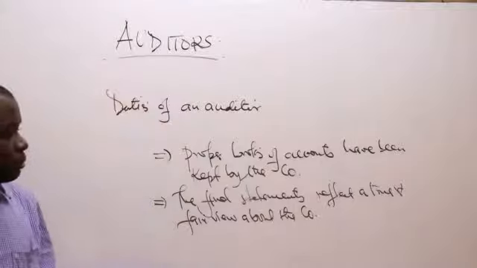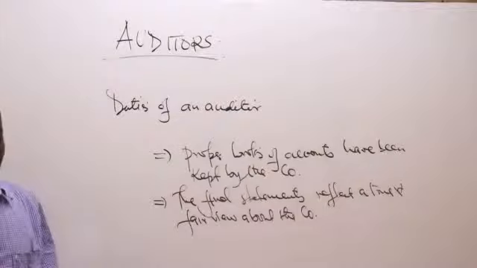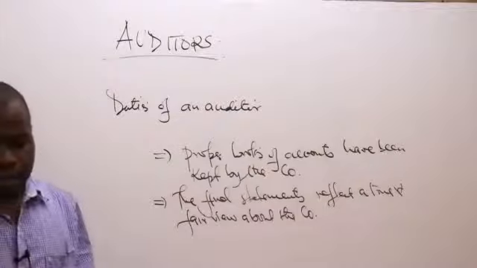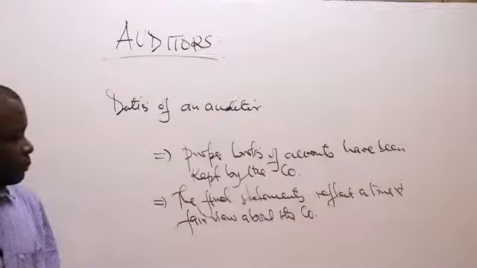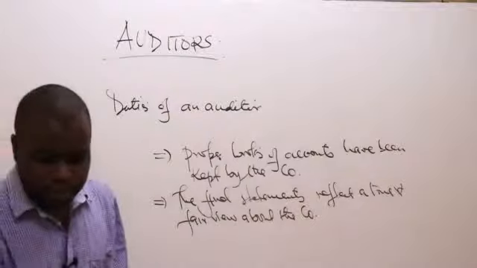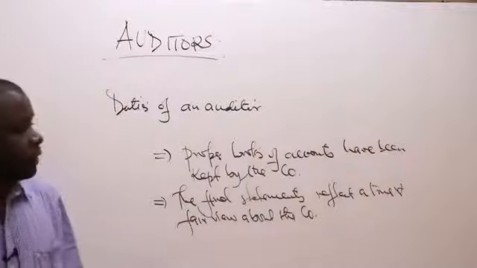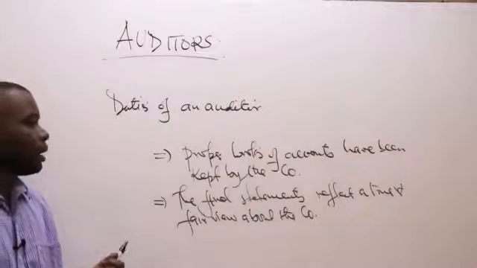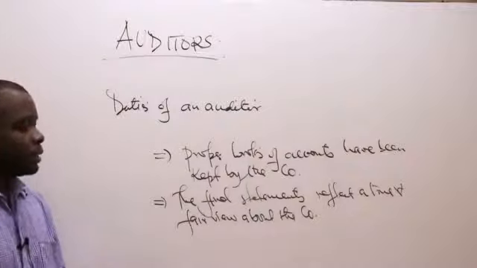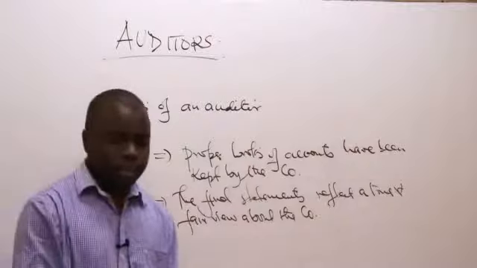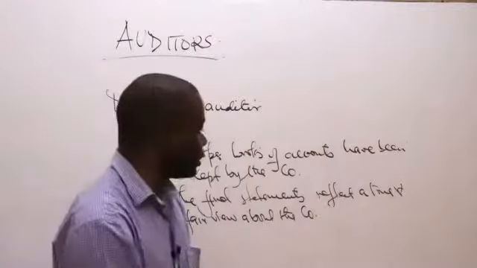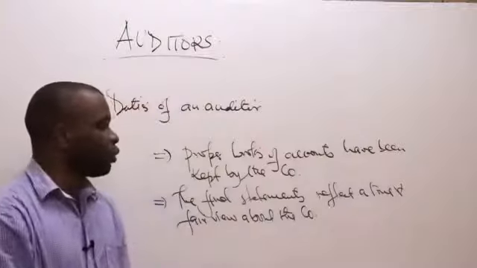That will be part of his duties or roles as an auditor, so ensuring that proper books of accounts have been kept and the final accounts reflect a true and fair view about the company.